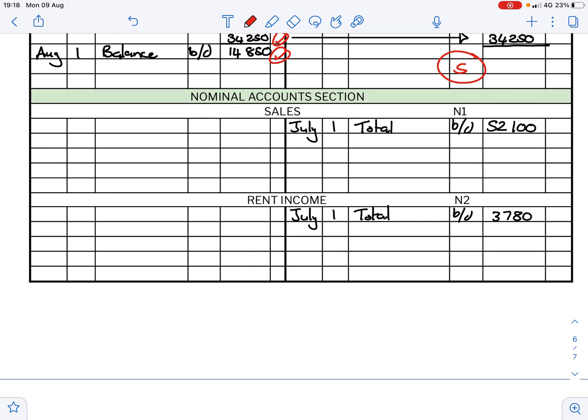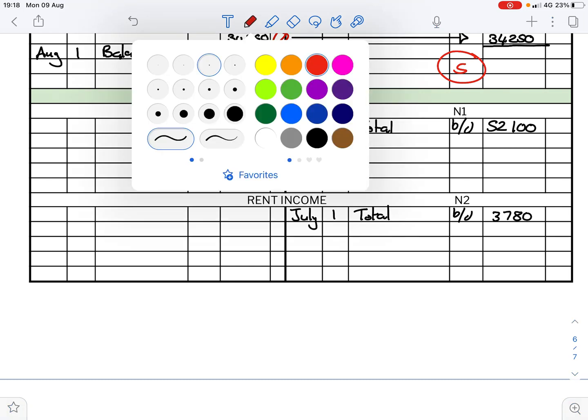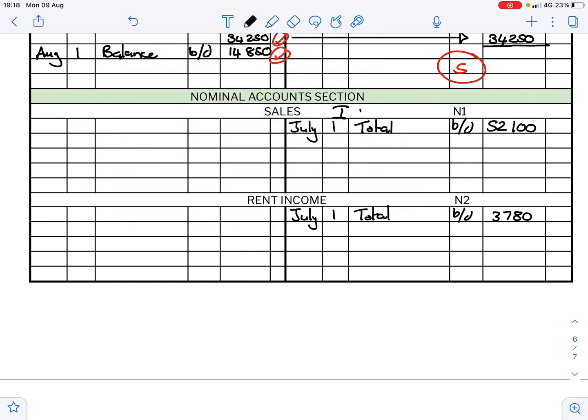We then end off with 2 nominal accounts, both of which are incomes. Okay, remember in the nominal account section, we only use one side. Okay, incomes increase on the credit side, thus we only use the nominal account section. We start off with sales. Now again, we make 2 types of sales.